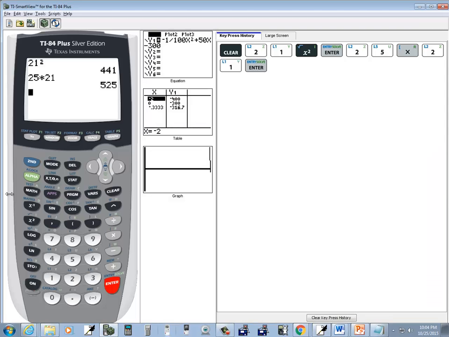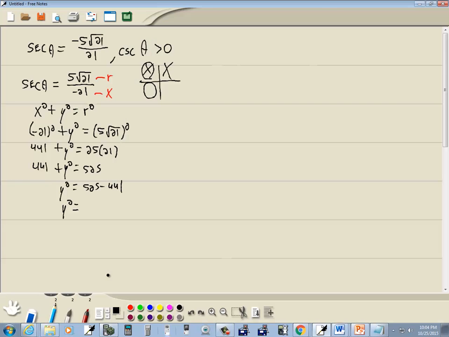525 minus 441, then we get 84. Drop the squared, and we're going to put a plus or minus square root on the other side. So plus or minus square root of 84. Now 84 is 4 times 21, so I got 2 times 2 times 3 times 7. 21, 42, 84.